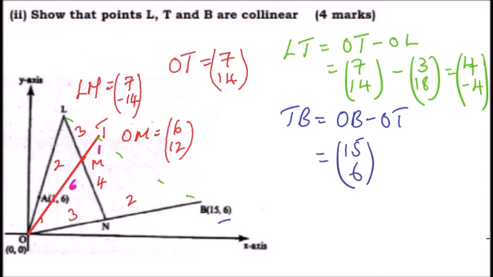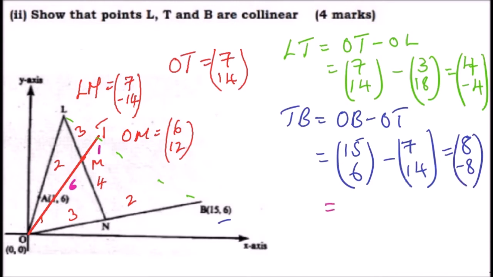We just invert the coordinates, minus our OT, which is (7, 14), and this you get 8 here and minus 8 here. So that is what we get, and we can say this is equal to 2 times (4, 4). We factor out 2, and that is 4.